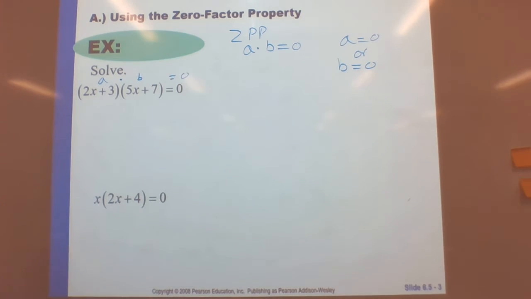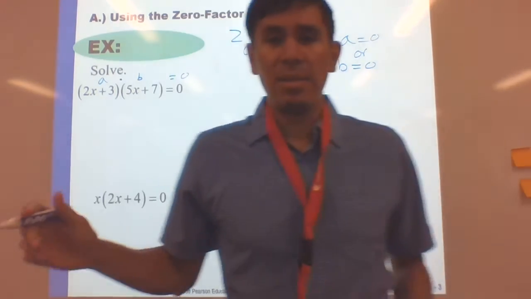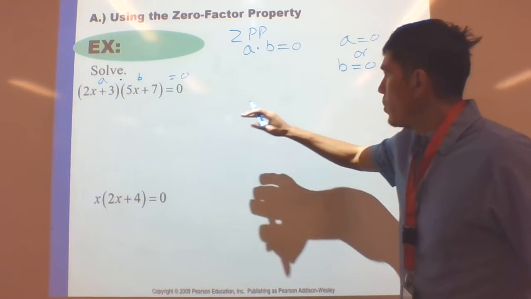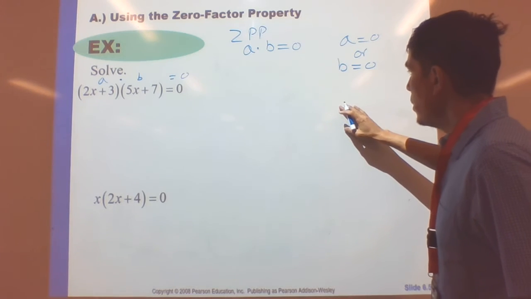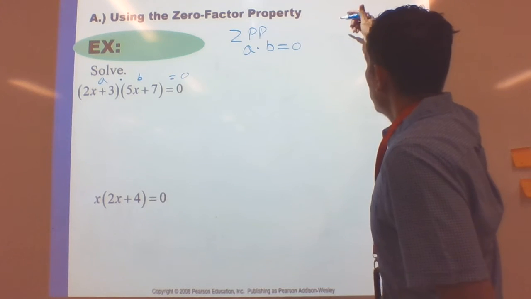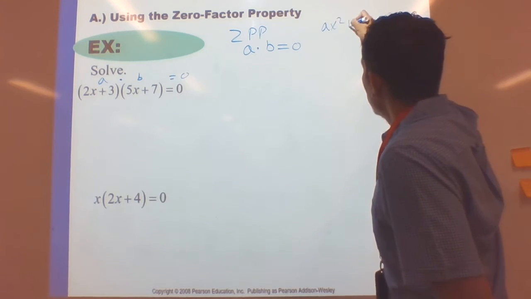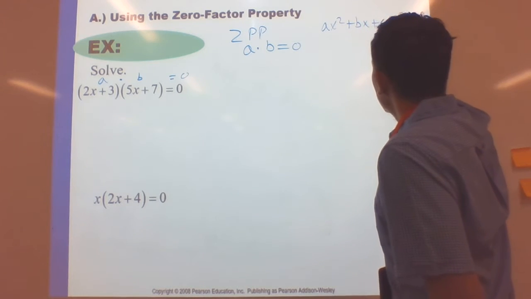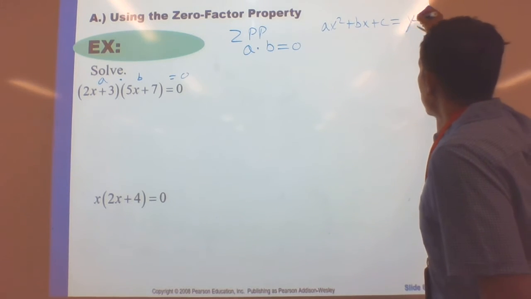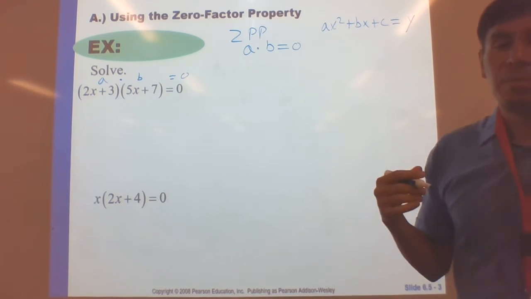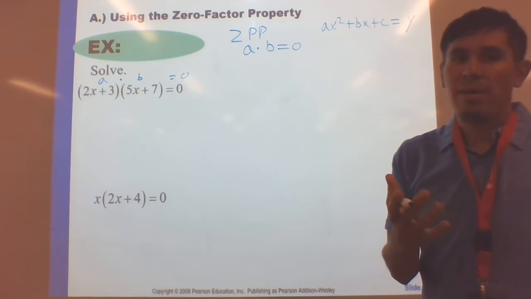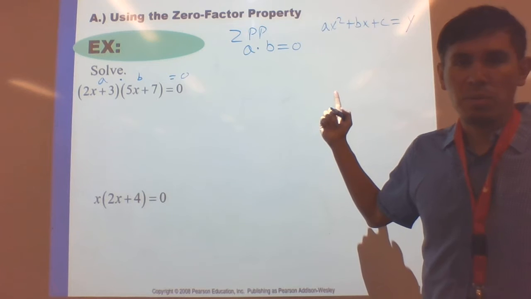The idea behind this, guys, is that we're setting this equal to 0 because, if you go back to what I said earlier, let's say ax squared plus bx plus c equals, for right now, y. We're going to say y equals ax squared plus bx plus c. That's a quadratic because it has a power of 2, a degree of 2.